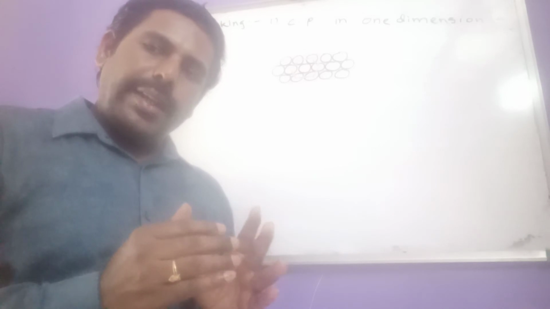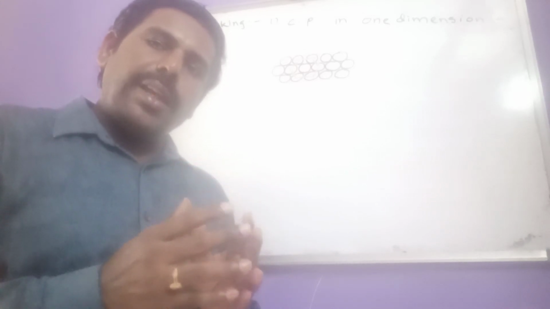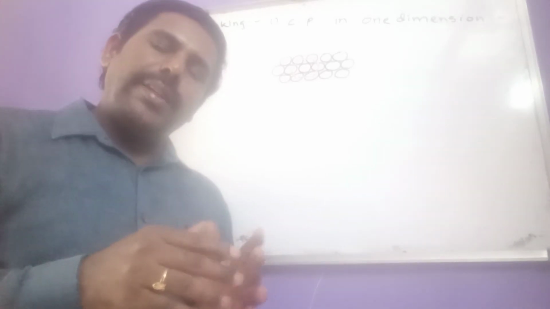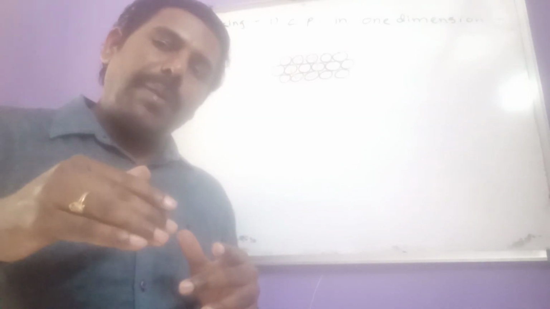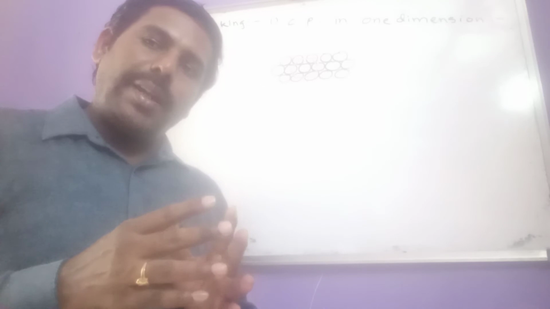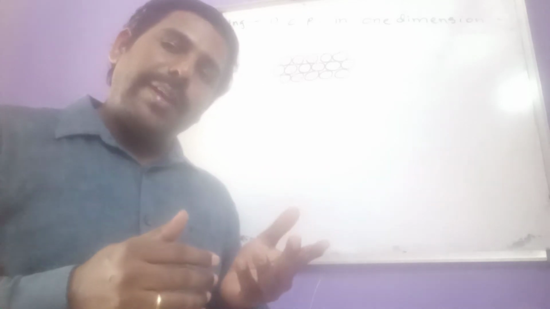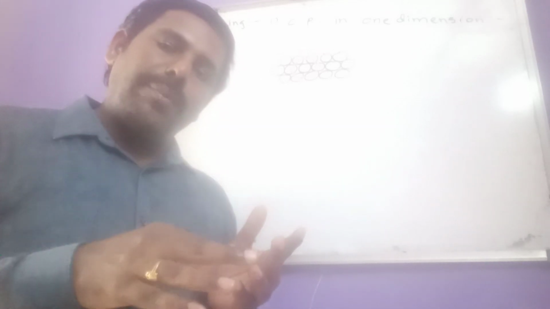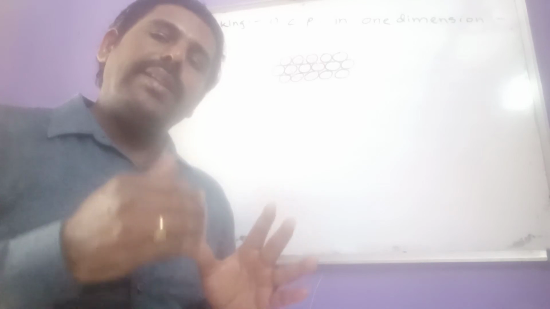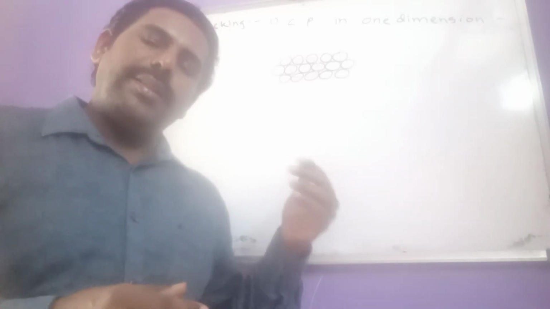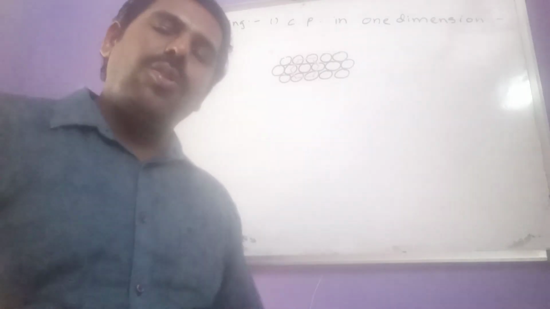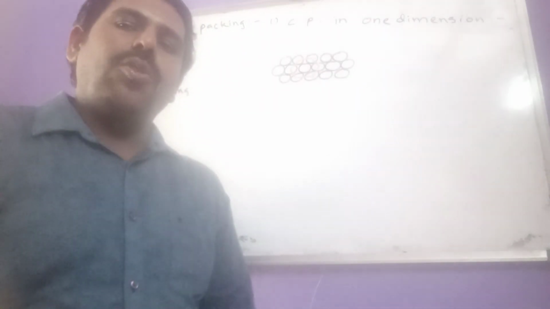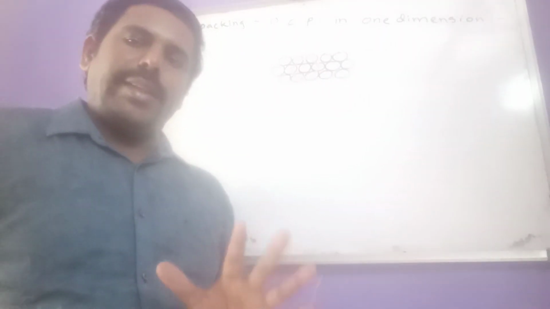Coordination number in two-dimensional hexagonal close packing is how much? 6. But in three-dimensional hexagonal close packing, the coordination number varies from that, not 6, at that time 12. How we can see later, don't worry. So in two-dimensional hexagonal close packing, the coordination number is 6.